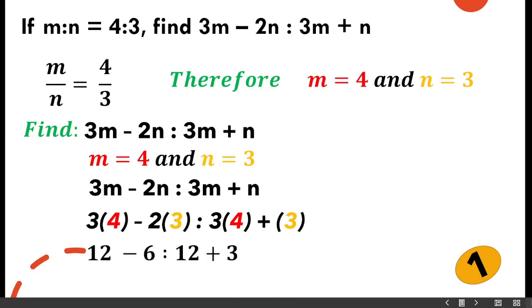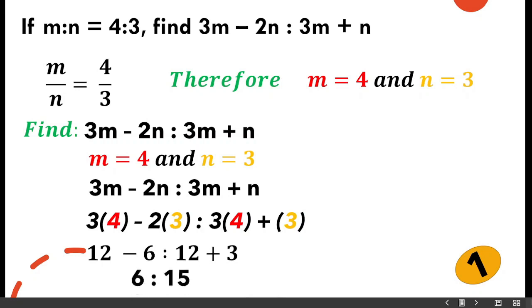Simplify. We have 3 times 4 is equal to 12. 2 times 3 is equal to 6. 3 times 4 is equal to 12. And we have 3. 12 minus 6 is, yes, very good, that is 6. Is to 12 plus 3 is, yes, 15.